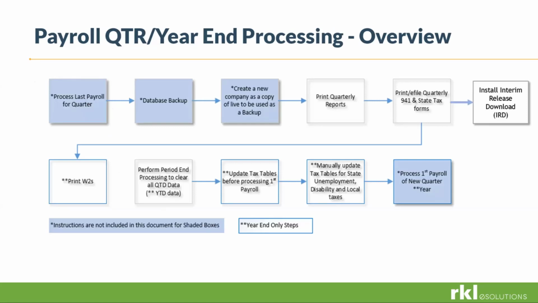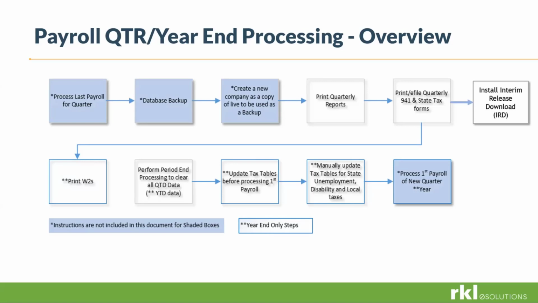The process for period end is as follows: process last payroll for quarter, perform a backup, create a new company to use as a copy of the live to be used as a backup, print your quarterly reports, print or e-file your 941 and state forms, and then upload the IRD, Interim Release Download, that will be made available by Sage the third week of December approximately.